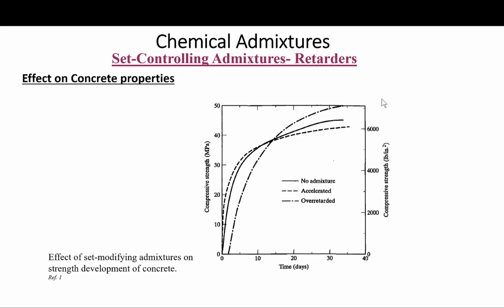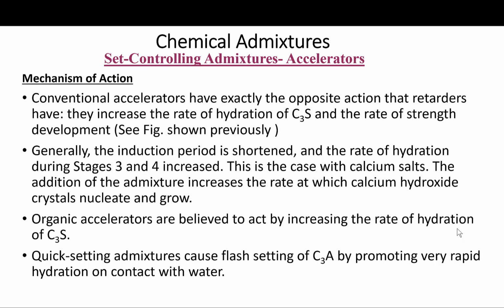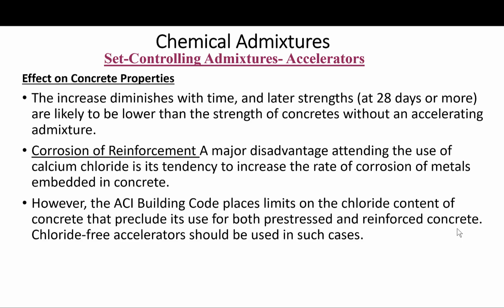If you refer back to this figure right here, you remember what I told you? This is the accelerated. Look here at the 28 days and ultimate strength being lower than that of the retarded concrete. Okay.